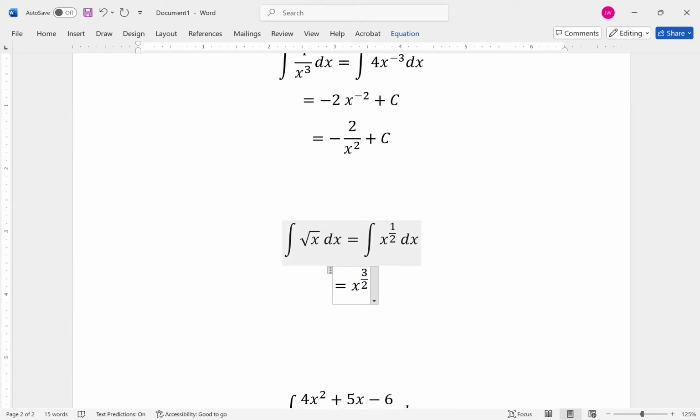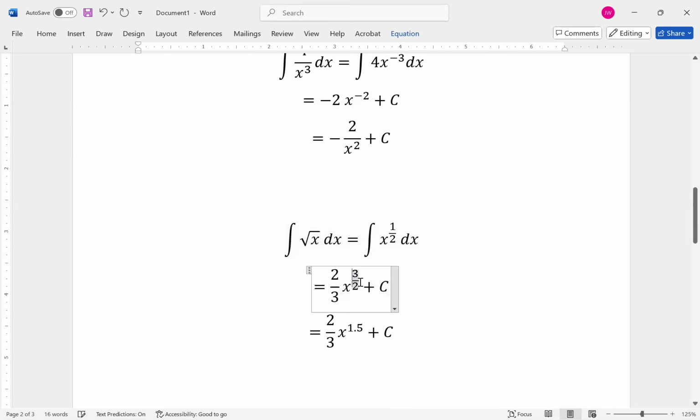If you do 1 divided by the fraction 3/2, you get 2/3. So you get 2/3 x to the 3/2 plus c, or 2/3 x to the 1.5 power plus c. Whichever way you'd like to write that is perfectly fine.